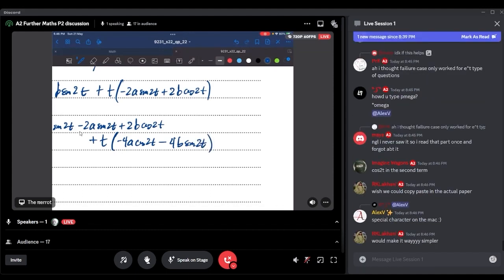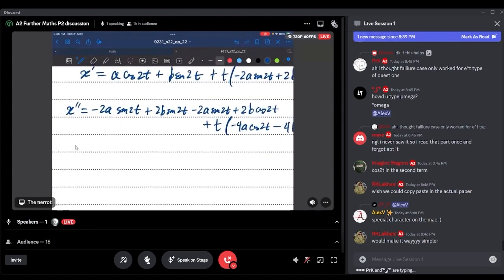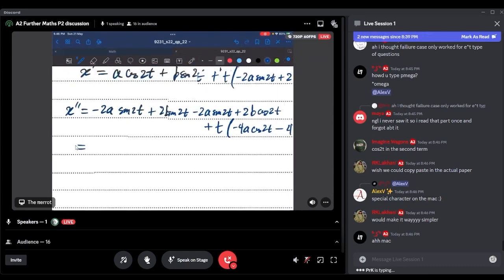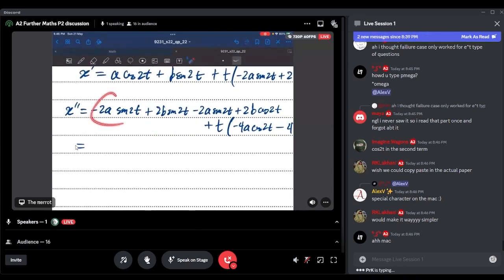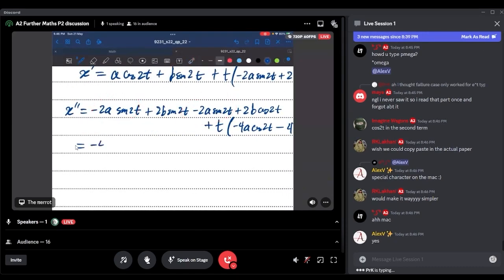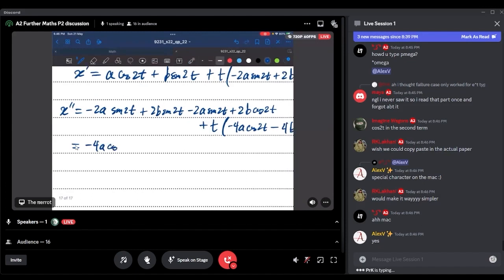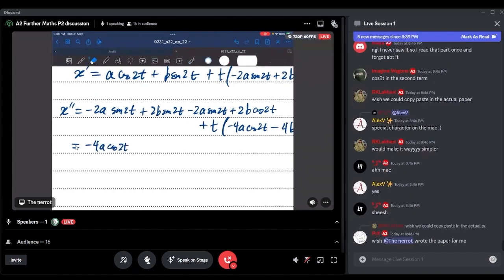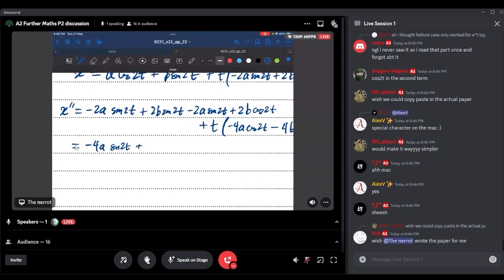Okay, so let's simplify a bit more. This is just twice of it, so minus 4a sine 2t plus 4b cosine 2t plus whatever is left, unchanged.